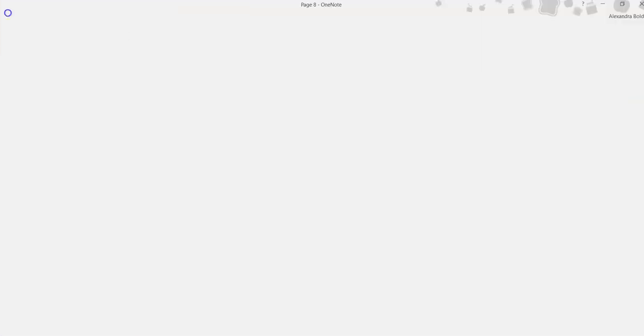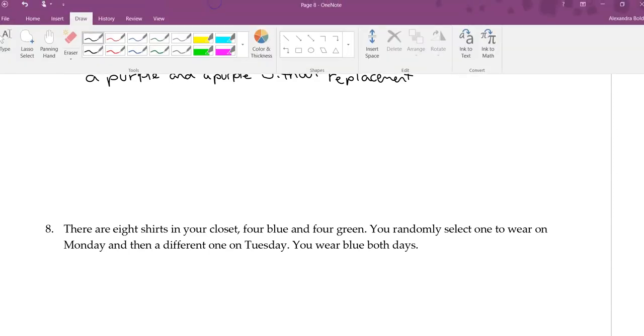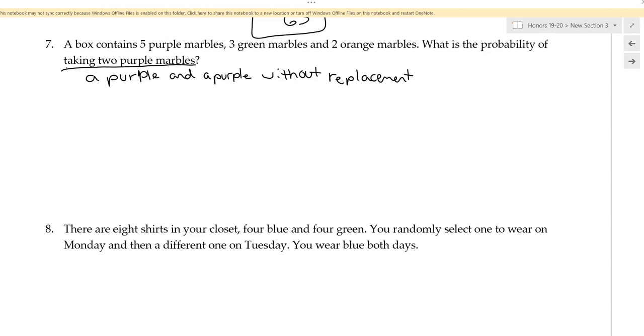So anytime it says I'm going to do 2 of the same thing, a purple and a purple without replacement. Okay. So again, since I'm not putting it back, my total number is going to change. So that's going to be dependent.